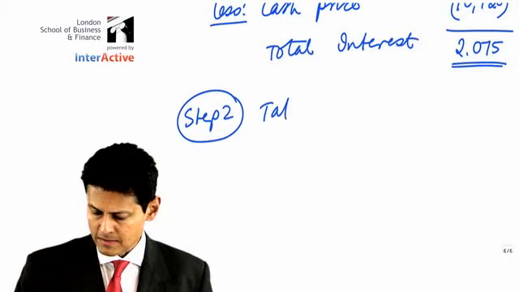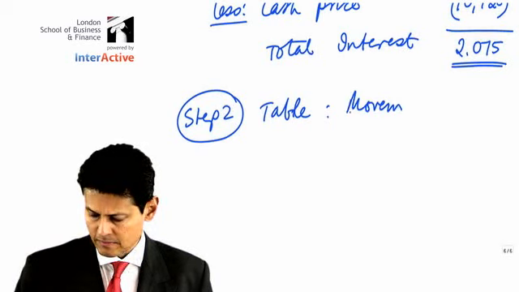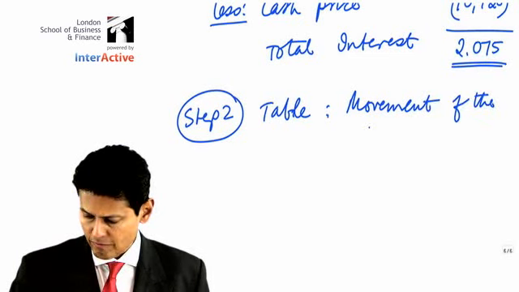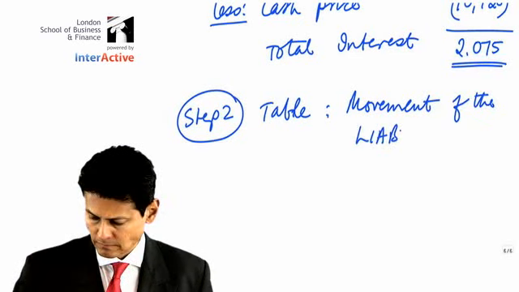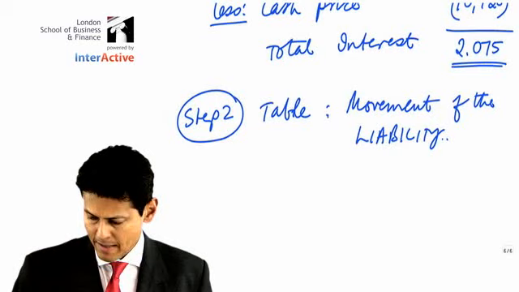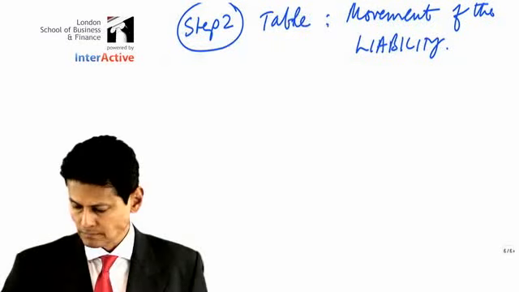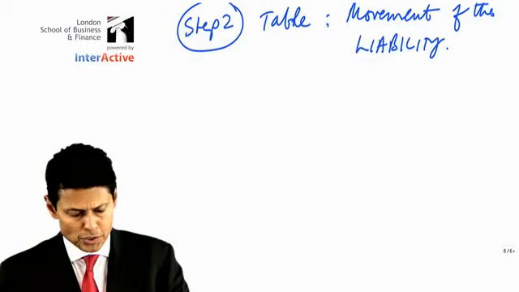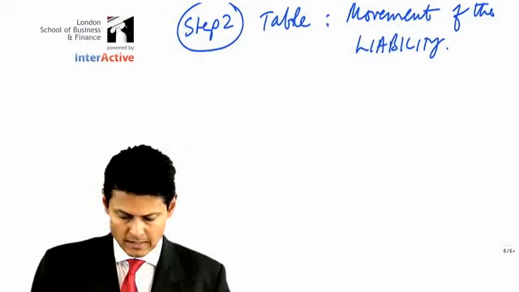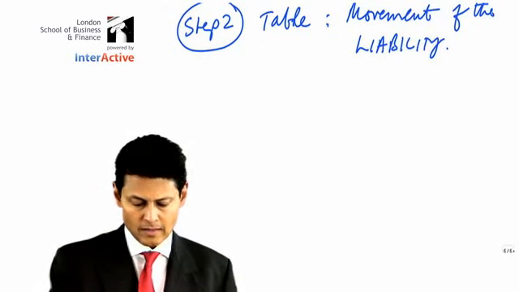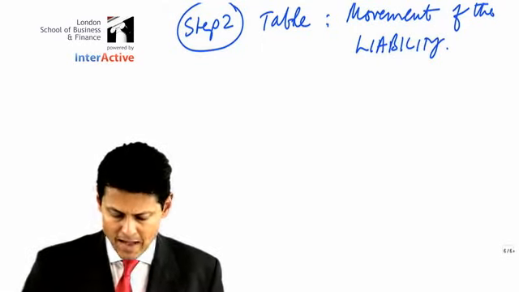This is the summary table, movement of the liability, as the examiner calls it. As usual, 6 columns. So let me run ahead and open them up.